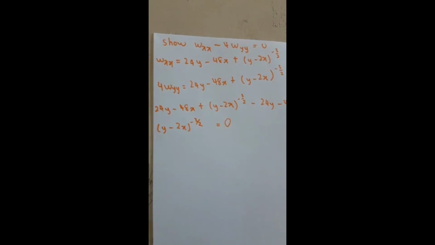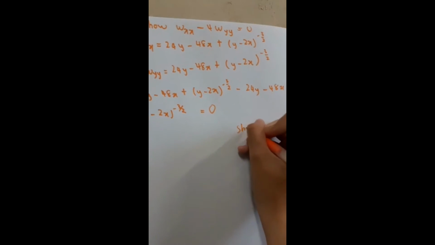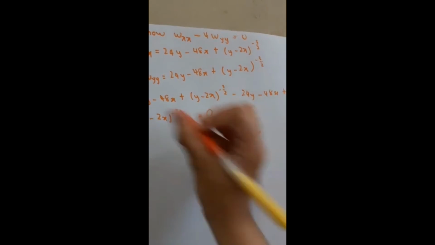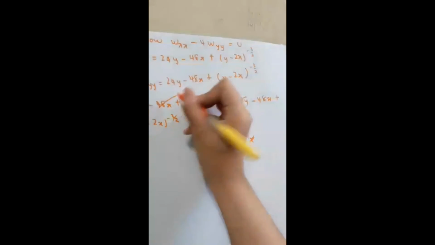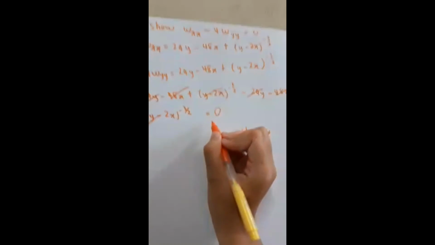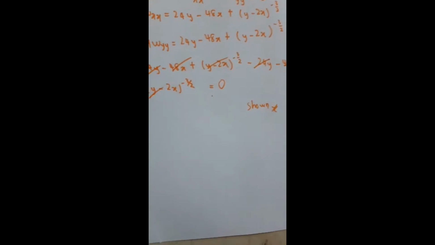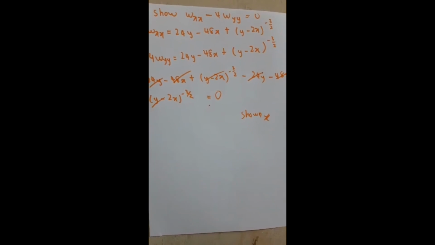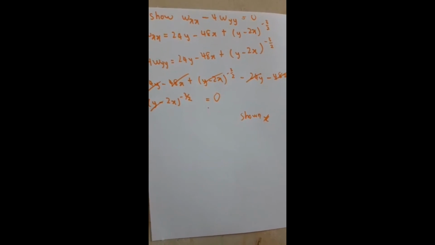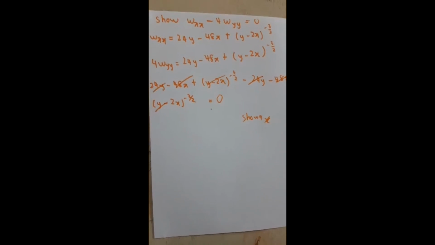So it is shown, because this minus this is 0, this minus this, and this also minus this is equivalent to 0, so it is shown. Okay, so we will proceed to our next question, so stay tuned. Thank you.